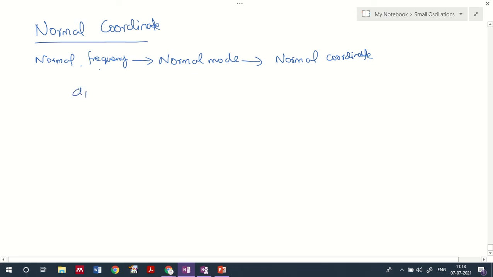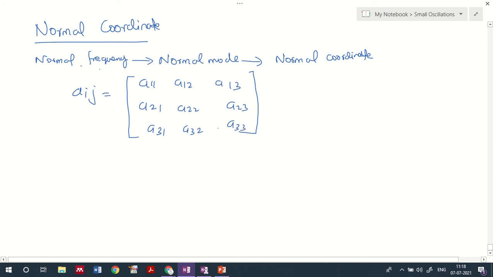So we know Aij, the corresponding eigenvector matrix, that is A11, A12 and A13. This can also be represented as AJR, up to your convenience. Then A21, A22 and A23, then A31, A32 and A33.